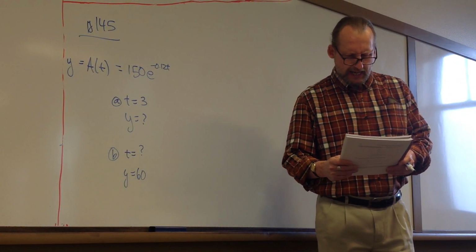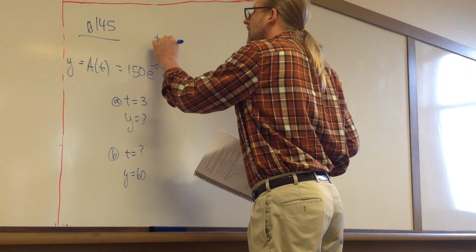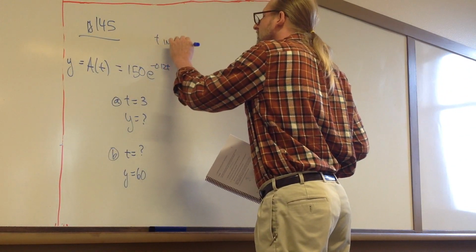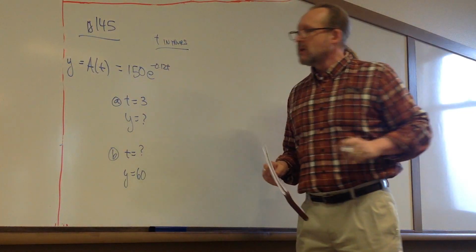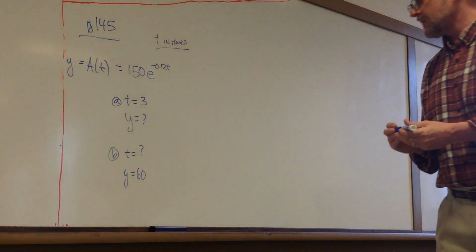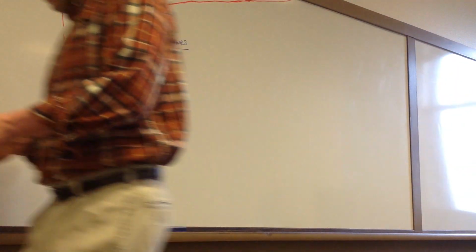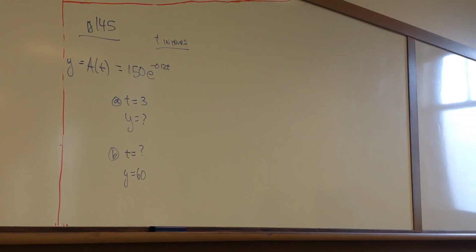Okay, and the t is measured in hours, because that'll change depending on the problem. But in this one, the t happens to be measured in hours. So the first thing we want to do is graph this. And so let's take a look at this on the calculator.